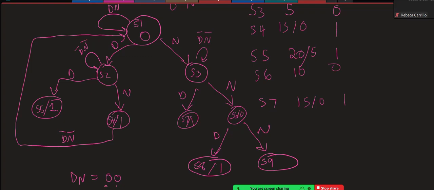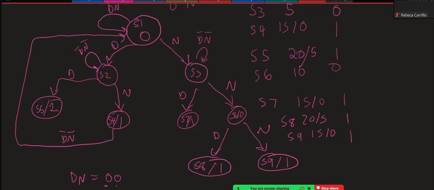And those would both have an output. S8, I would have 20/5 with an output of 1, and S9, I would have 15/0 with an output of 1.